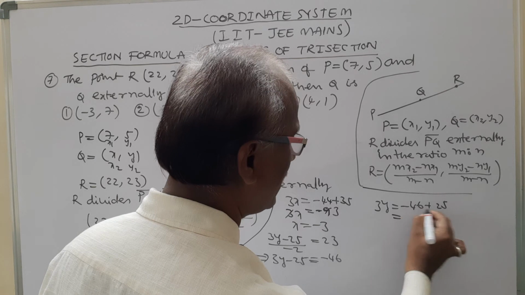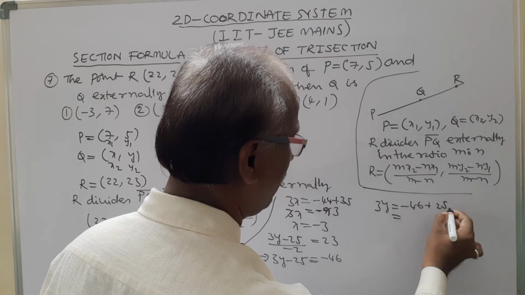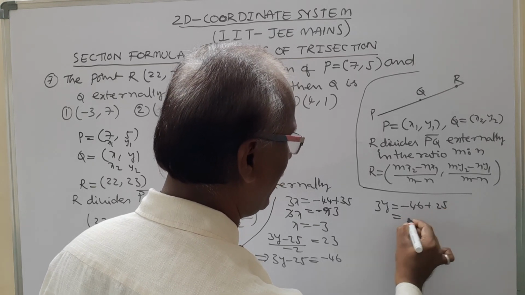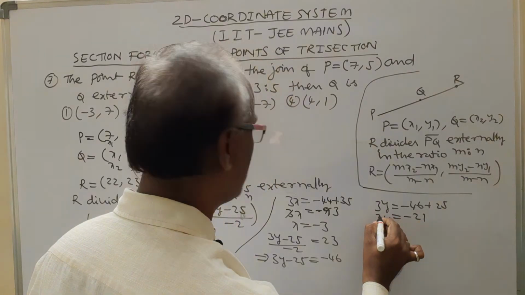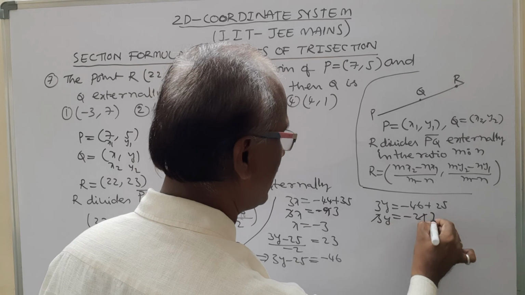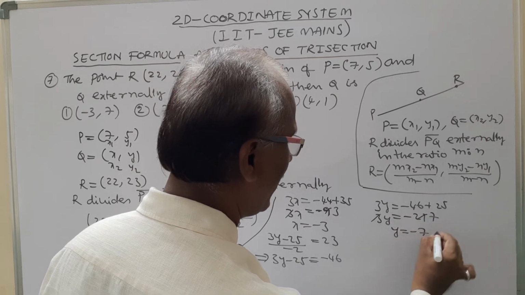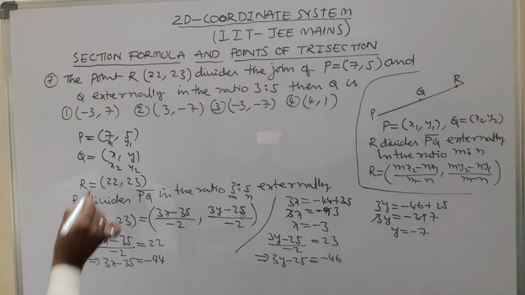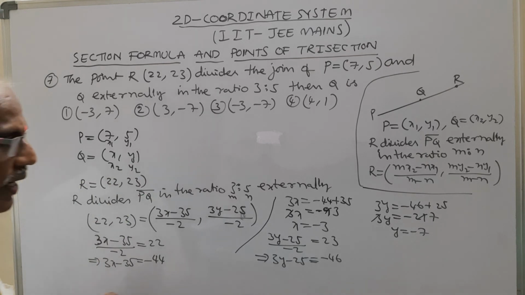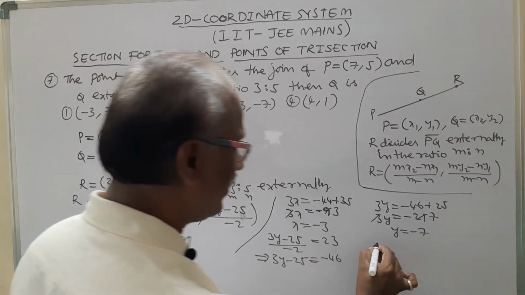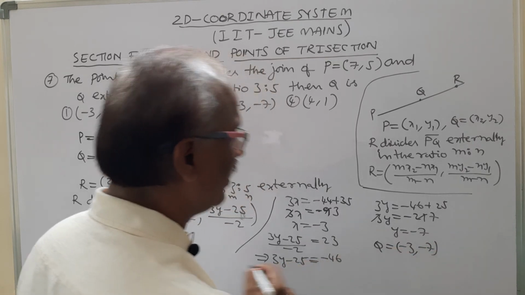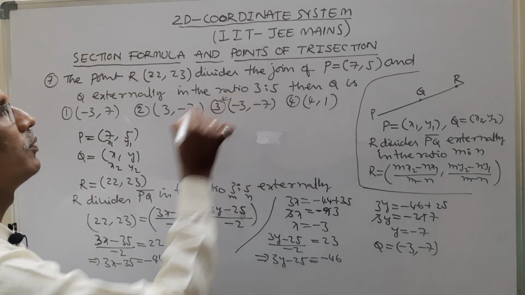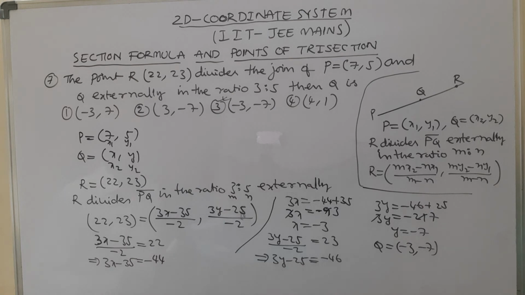Here minus 46 plus 25 is minus 21. 3y equals minus 21, 3 sevens 21, y equals minus 7. Then Q equals (x, y). Here the x value is minus 3, y value is minus 7. The correct option is the third one, minus 3 comma minus 7.